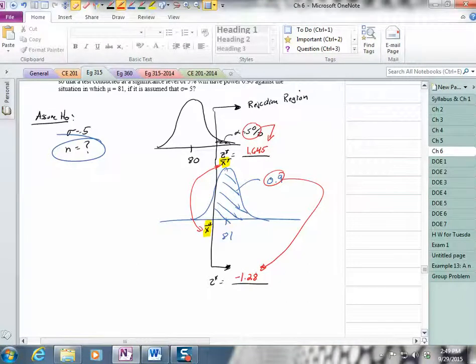Because one's on one side of the mean, one's on the other. Right? See, and this one on the right, on the left.